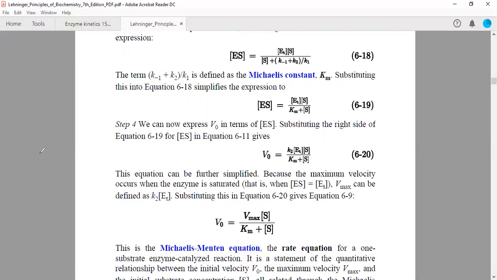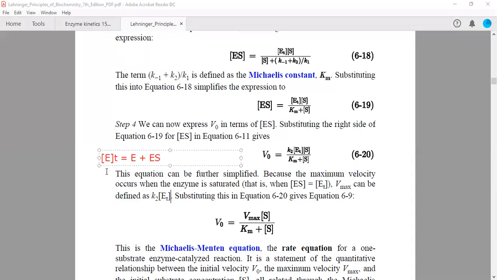Let me clear this one. So actually we were assuming this, no? We are saying that total enzyme concentration Et, with t as a subscript, is equal to the free enzyme plus the enzyme substrate complex.